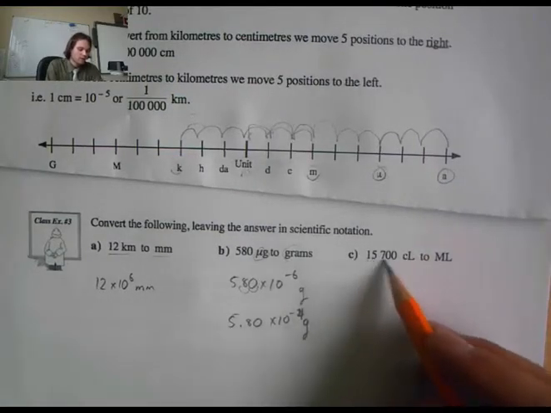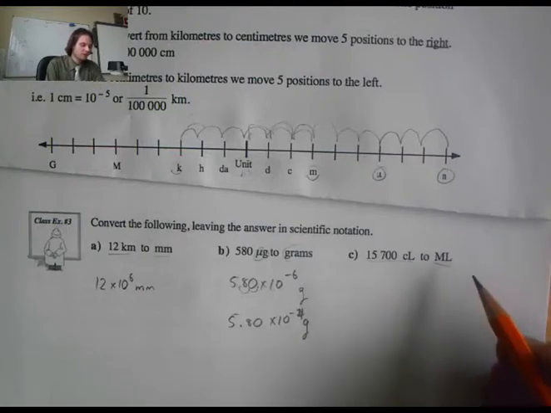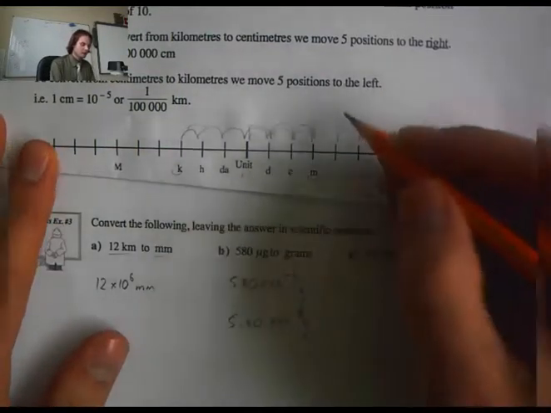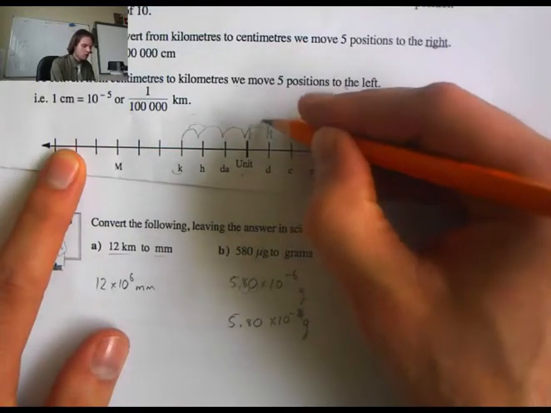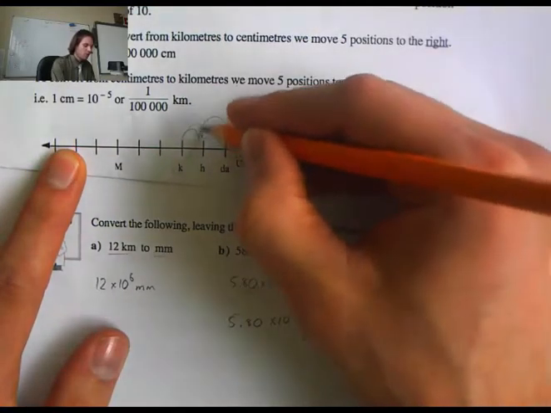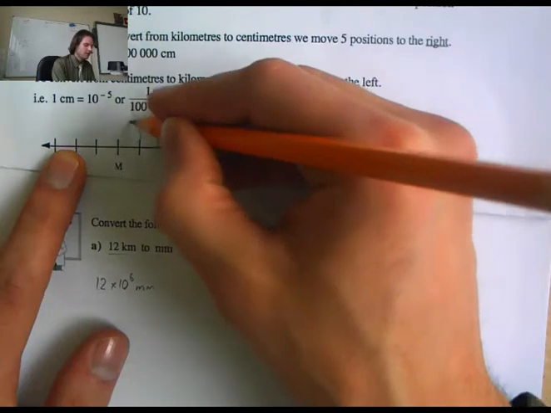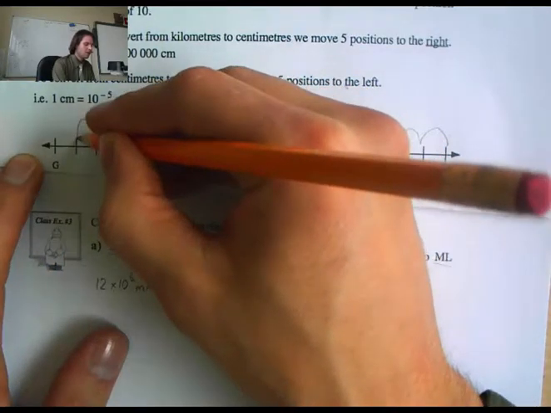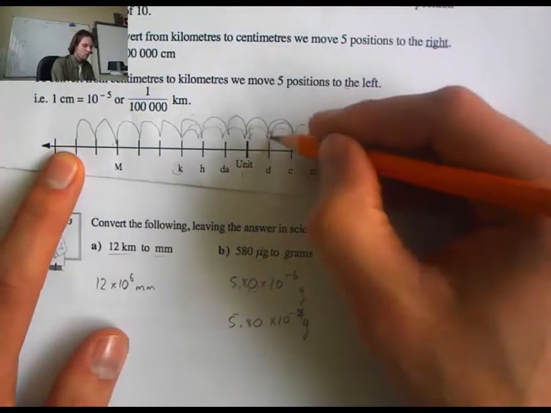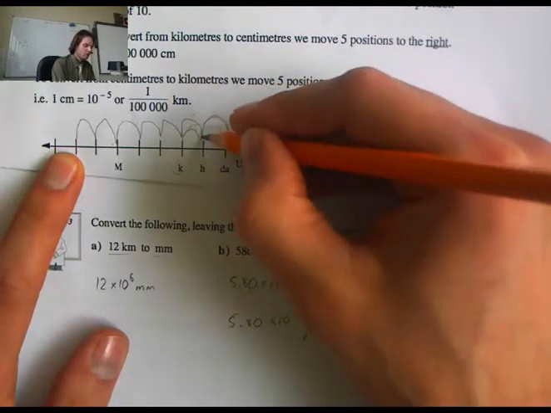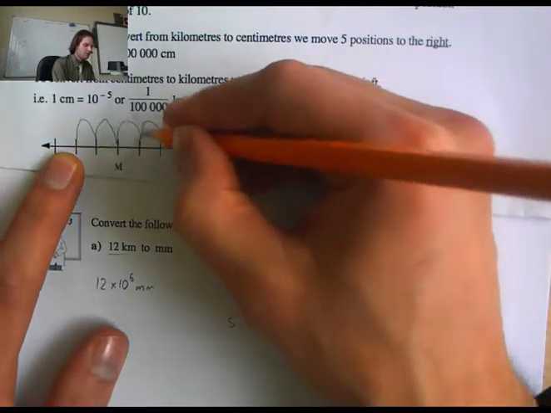We want centiliters to megaliters. So centi is here to mega, so we're going this way. 1, 2, 3, 4, 5, 6, 7, 8, 9, 10. Oh, I think it's just 9. 1, 2, 3, 4, 5, 6, 7, 8.